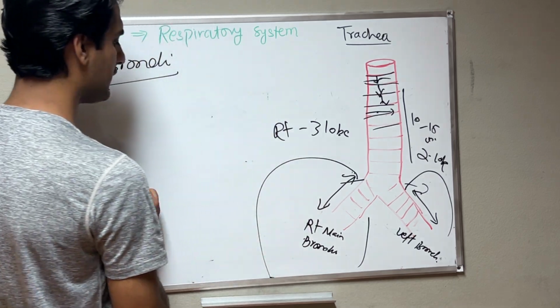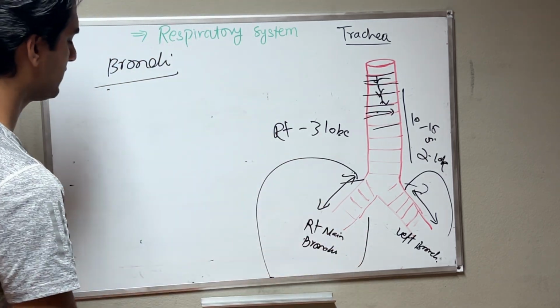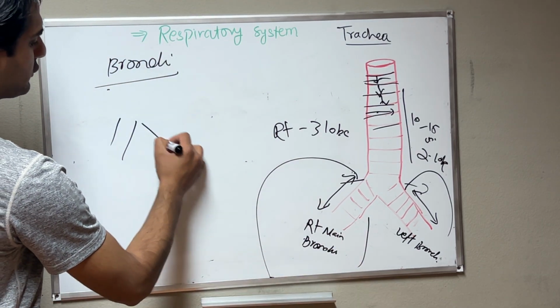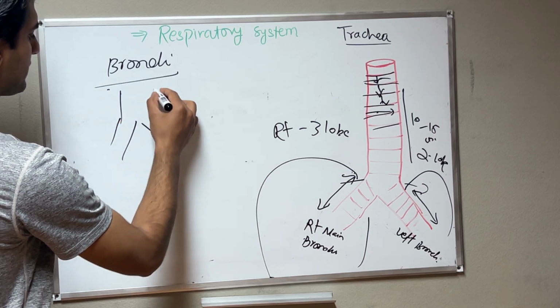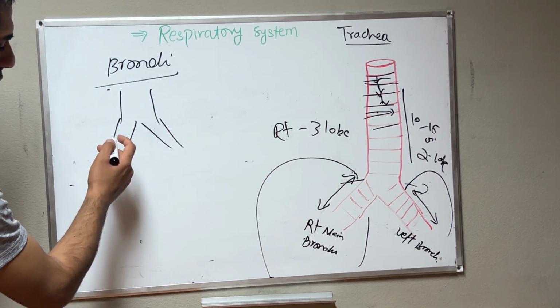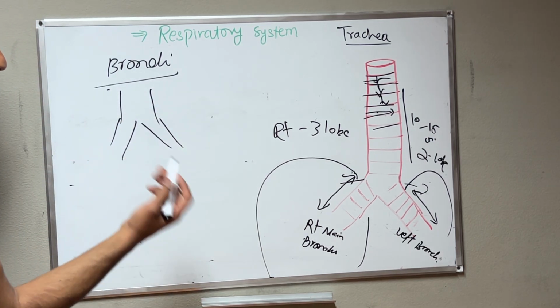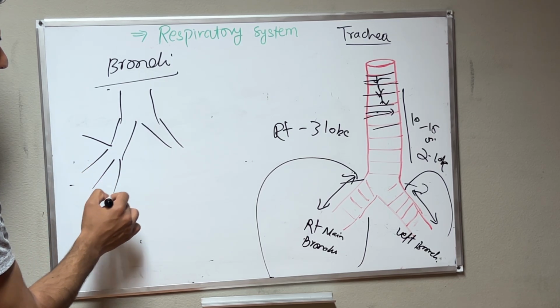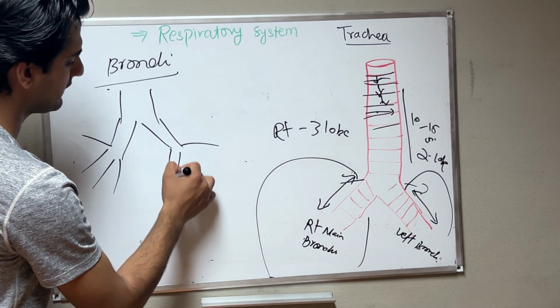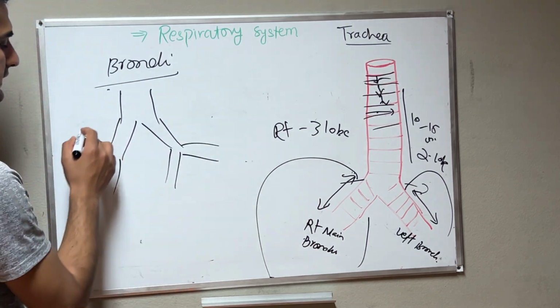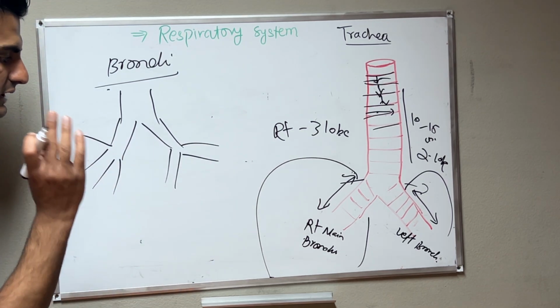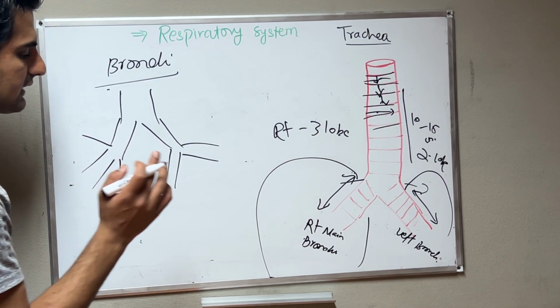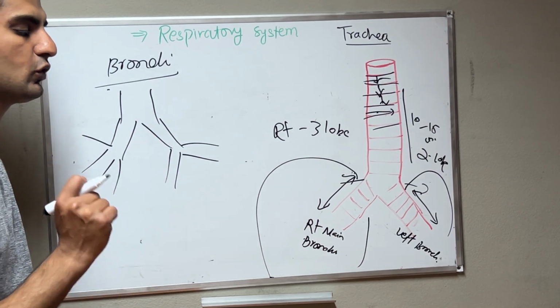The two main bronchi come from the trachea, and these two bronchi divide into other bronchi. The right one divides into 3 lower bronchi, and the left one divides into 2 lower bronchi.